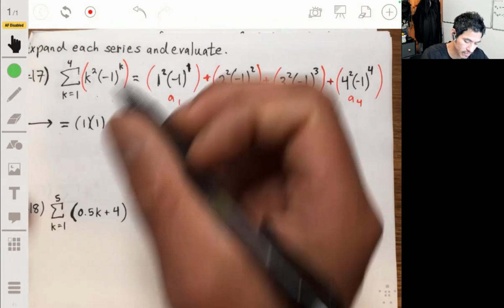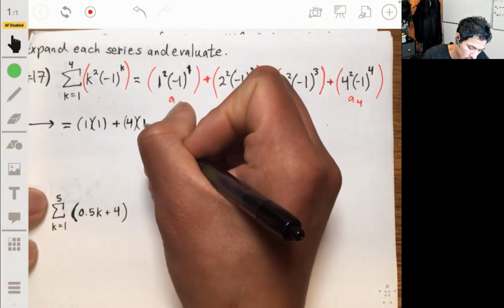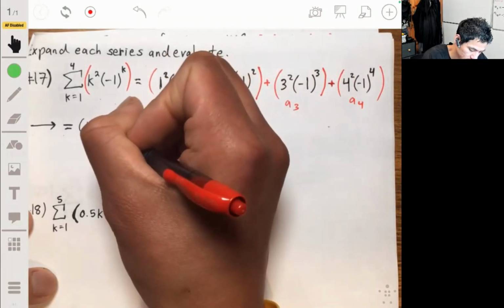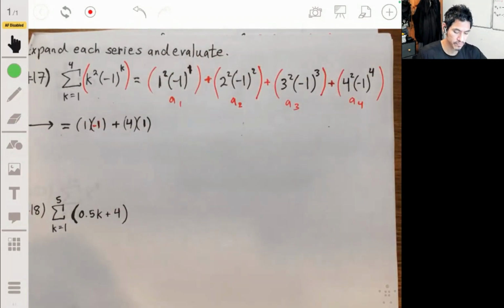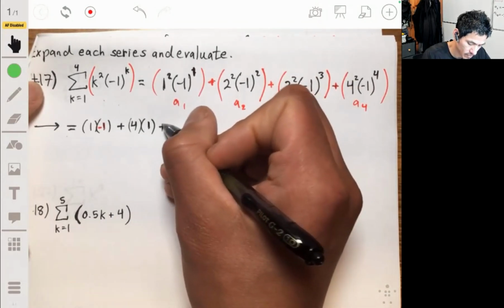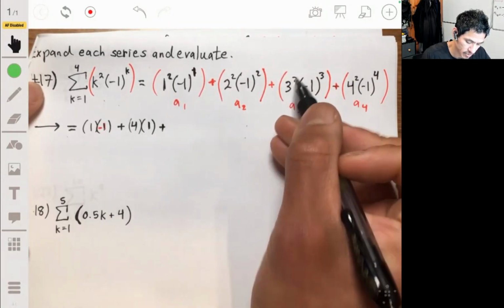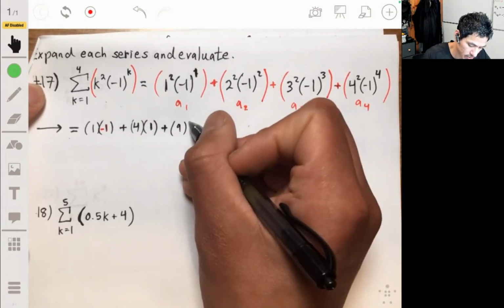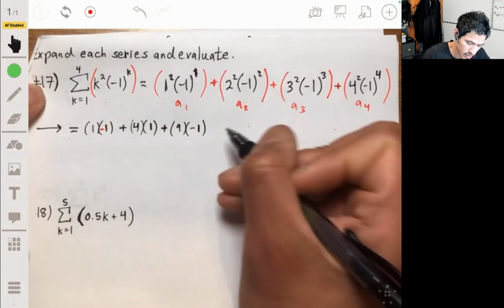And I messed up again on the first one. This should be -1. I think I said -1, but I wrote +1. For a3, we take 3 squared, which is 9, times -1 cubed, which will be -1.